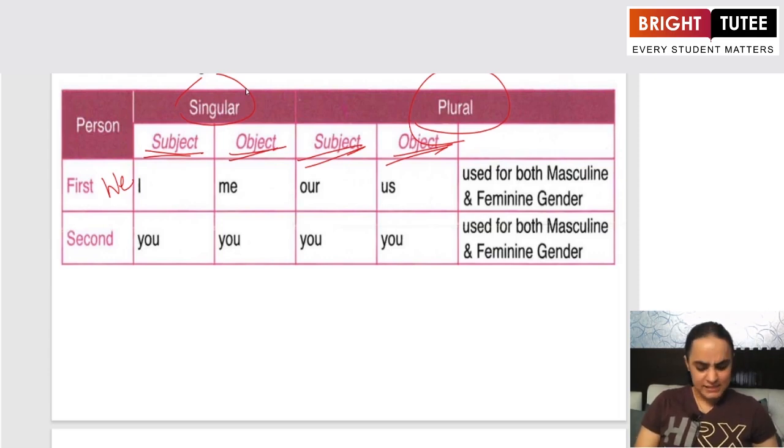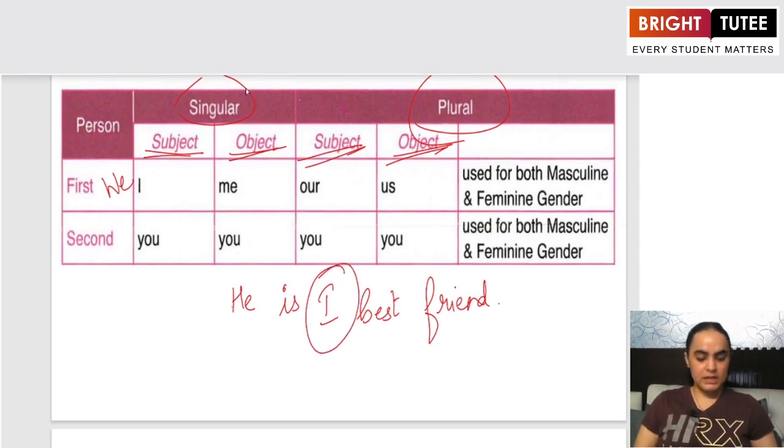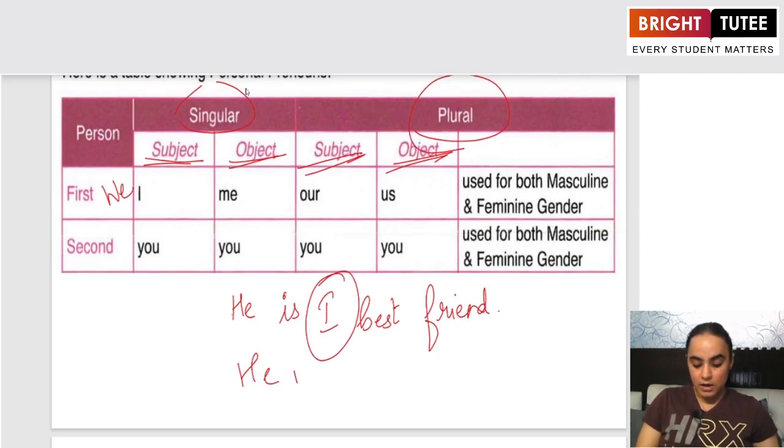Can you ever say, in place of an object, can you use I? If I say, he is my best friend. Can I ever say that? No. He is my best friend, he is her best friend, he is his best friend. Right? Similarly, I cannot say, he is us best friend.